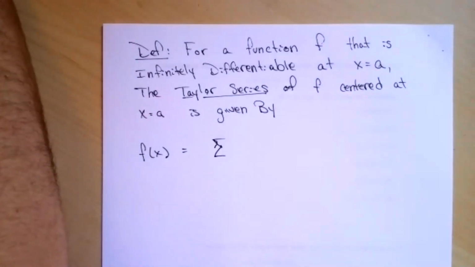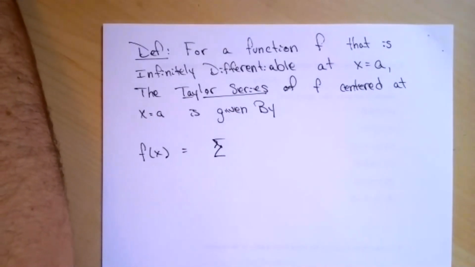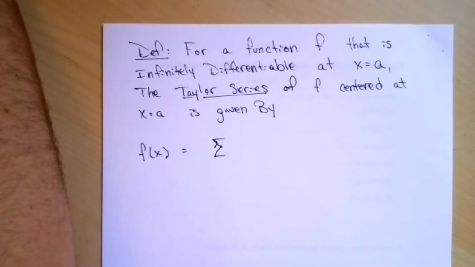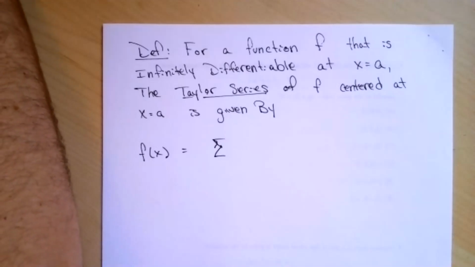Give me 1 second. Let me see if the book, sometimes books use slightly different notation. I just want to make sure. Sometimes we use T of x or T of f of x in some books. I don't know if we're going to worry too much about that here.